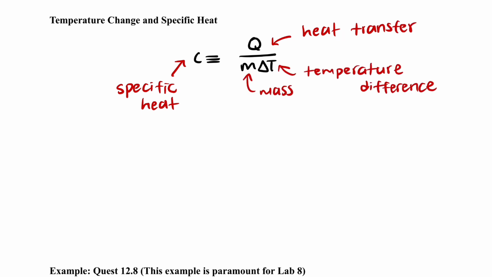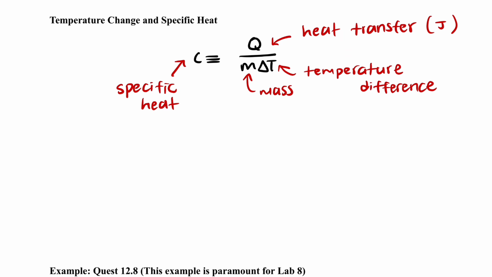All right, so this lowercase c means specific heat because it is specific for each material. Now, that is a relationship between the amount of heat transfer. So because it has to do with heat or energy transfer, this is going to be in joules or calories.